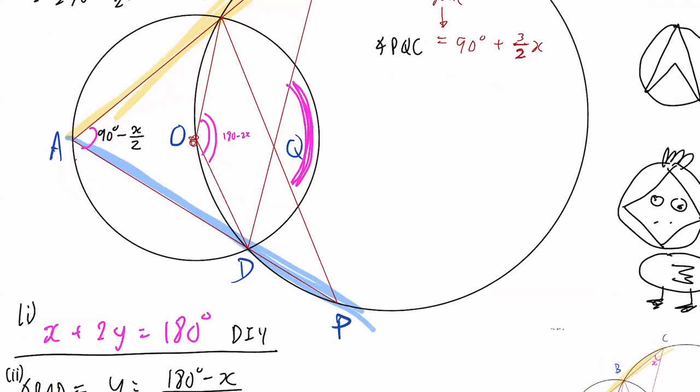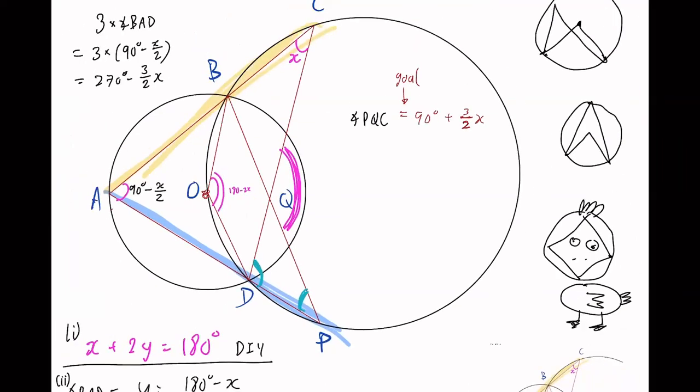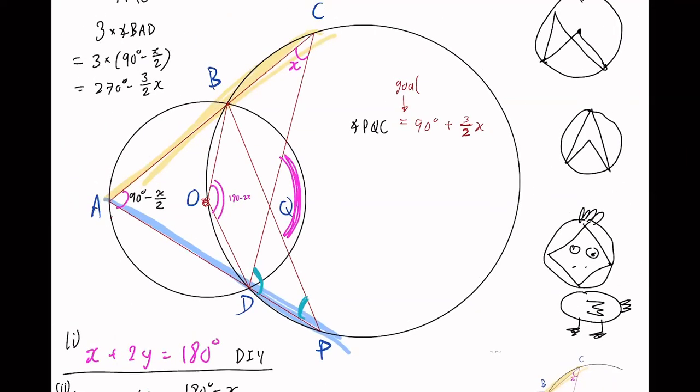Maybe I use a different color, maybe this light blue. Okay, do you agree? This PQC is the sum of these two angles? Yes? Exterior angle equals the sum of interior opposite. Okay, good. Then how?